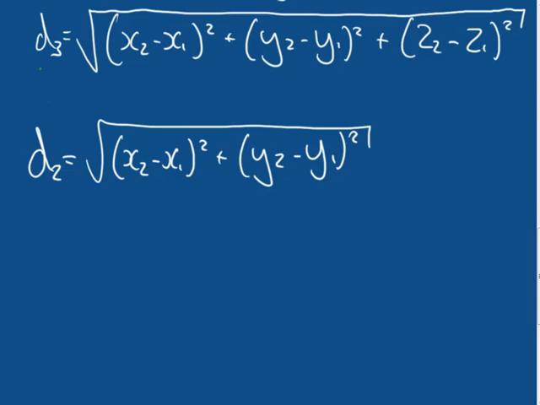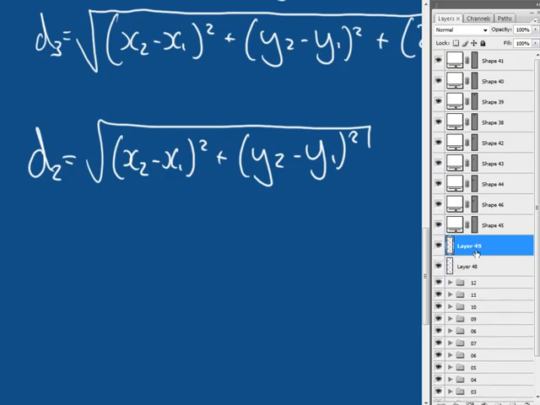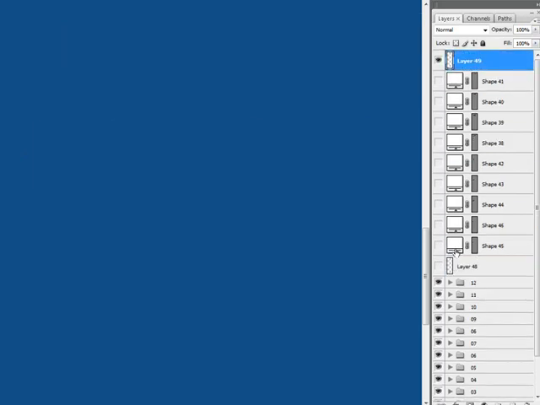So let's now use this 3D formula to find the distance between 2 points in 3D space. So I'm going to bring up a new whiteboard and hide out everything else. Fantastic. And let's find the distance between the point (2, 3, 4) and the point (8, 1, 6).